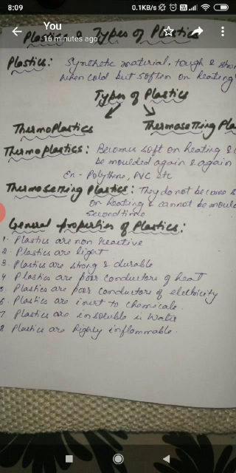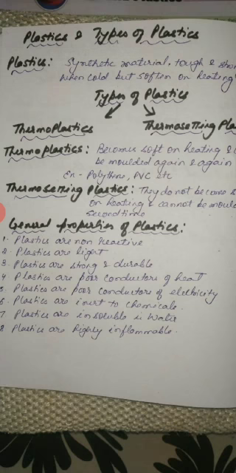There are two types of plastics on the basis of their reaction to heat. The first category is thermoplastic and the second is thermosetting plastics.